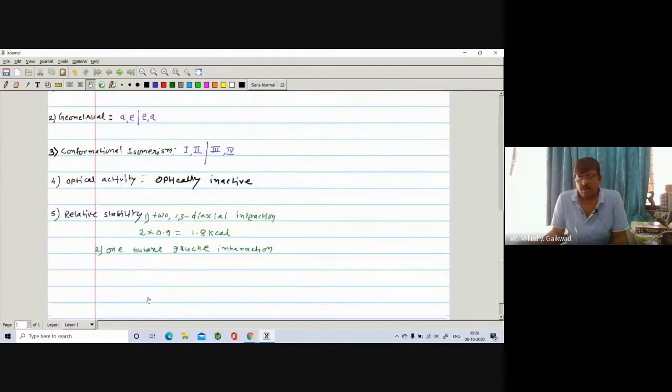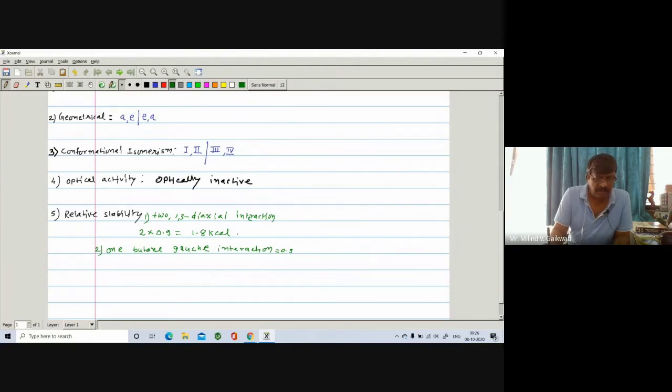So the total energy is equal to 1.8 plus 0.9. You have to add 0.9 kilocalorie per mole for each interaction.